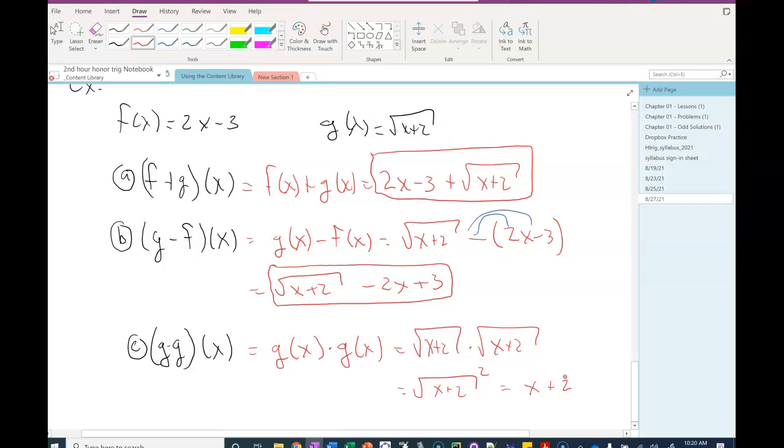Everybody think that's the end, or that's correct? Why am I putting an absolute value around it?